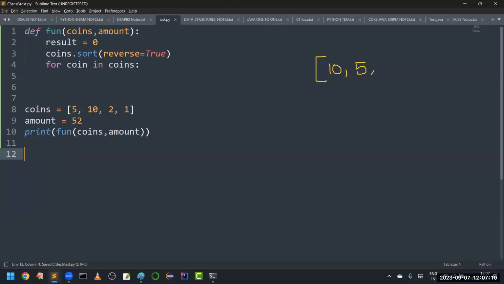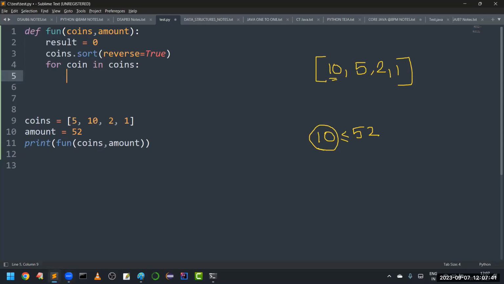Here we have coins of 10, 5, and then 2, 1. I sorted these coins in descending order. So what we are doing is, I will select the first coin. What is the first coin that we have? 10. Is it less than the amount you are giving? That I am going to check. So the first coin is 10. Is it less than or equal to this amount?